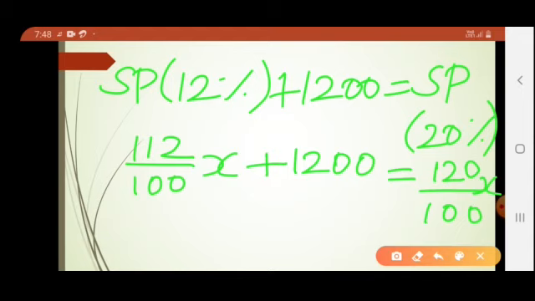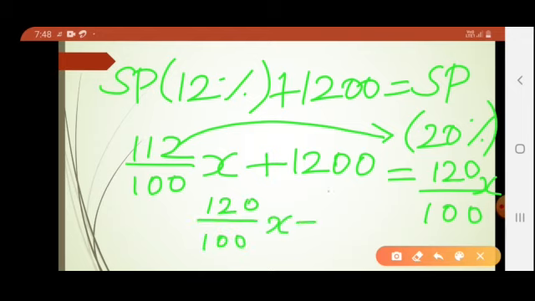Now we will take the x quantity to one side: 120 by 100 x minus 112 by 100 x equals 1200.